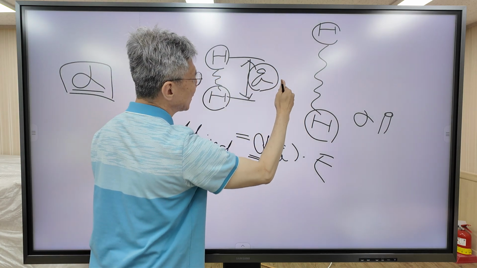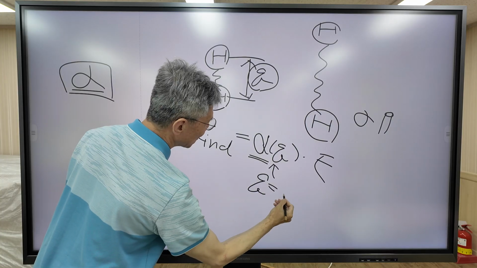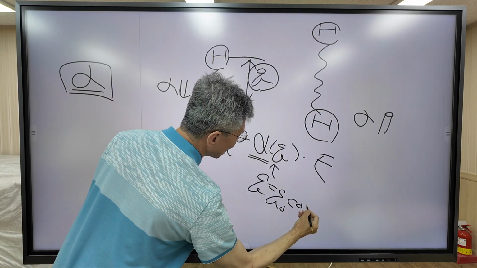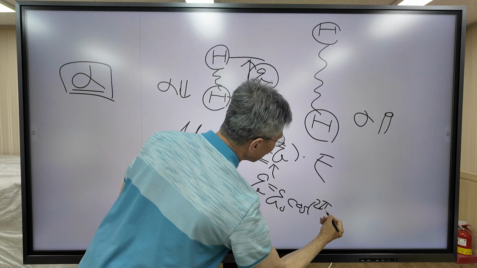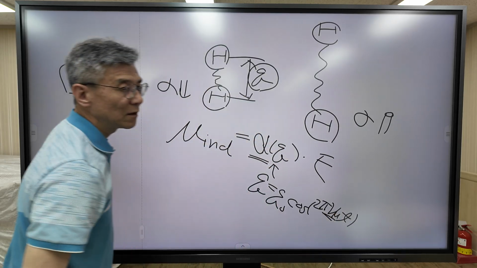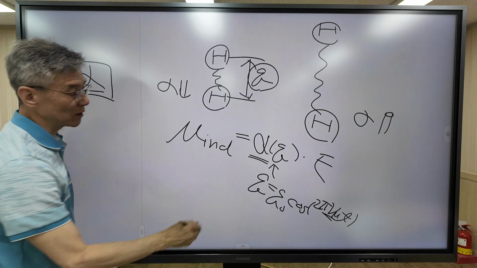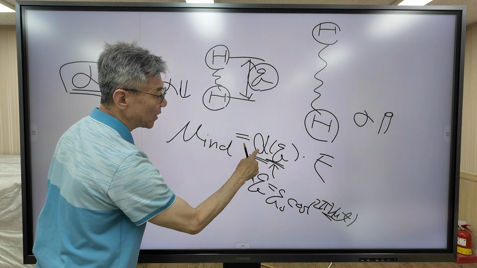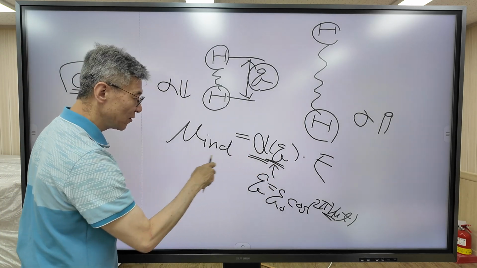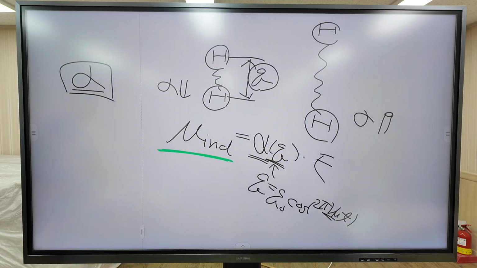So Q may be expressed using this formula: Q equals Q0 cosine 2 pi nu M t. Nu M is the vibrational frequency of this molecule. So Q is oscillating, so alpha is oscillating, so the induced dipole moment is also oscillating.